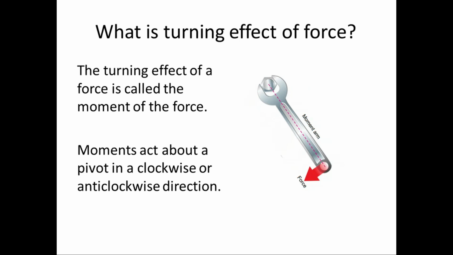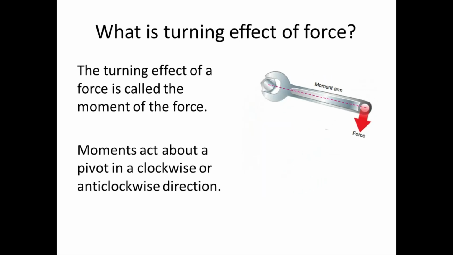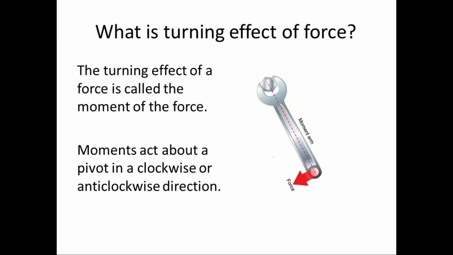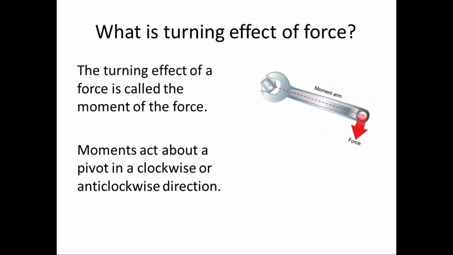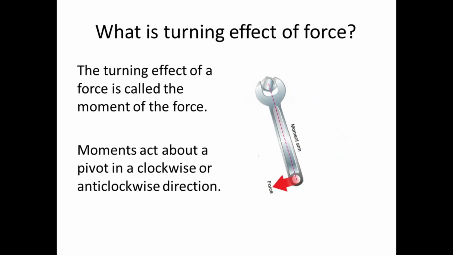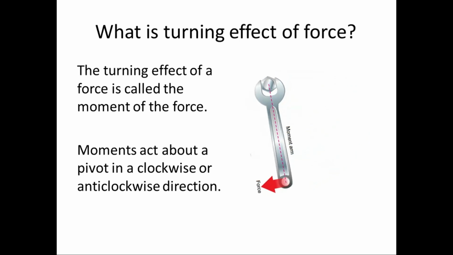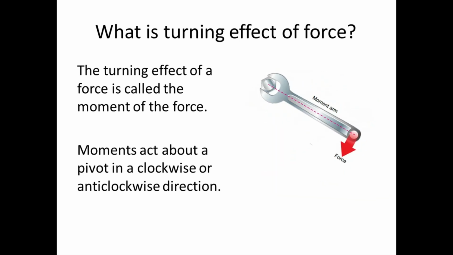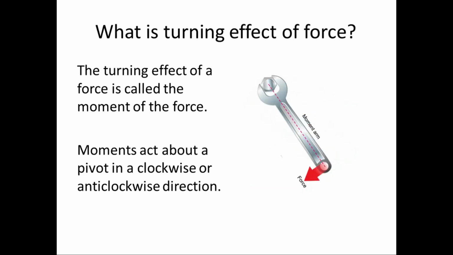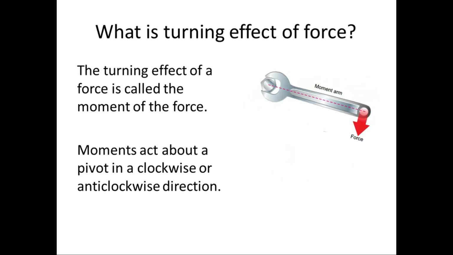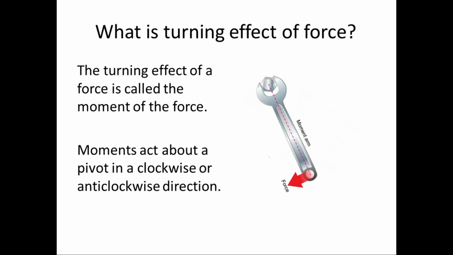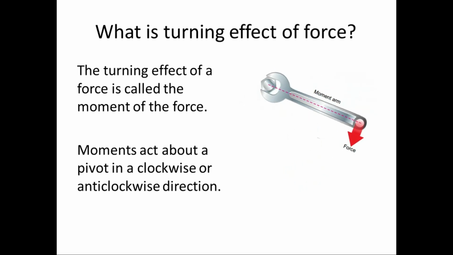Moment acts about a pivot. Here in this figure, you can see a nut is tightened in a clockwise direction. The nut is pivoted. The pivot point is the point where a body is fixed and rotates about that point. Moments act about a pivot in a clockwise or an anti-clockwise direction.